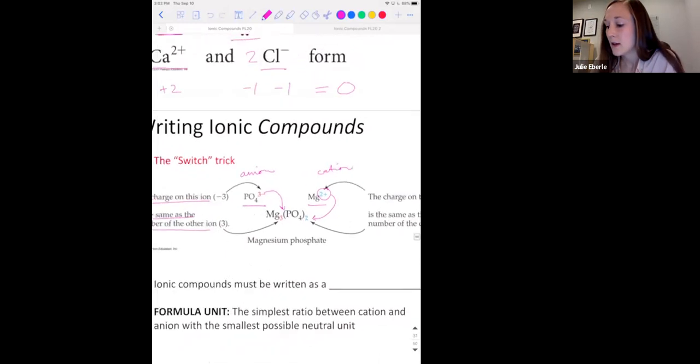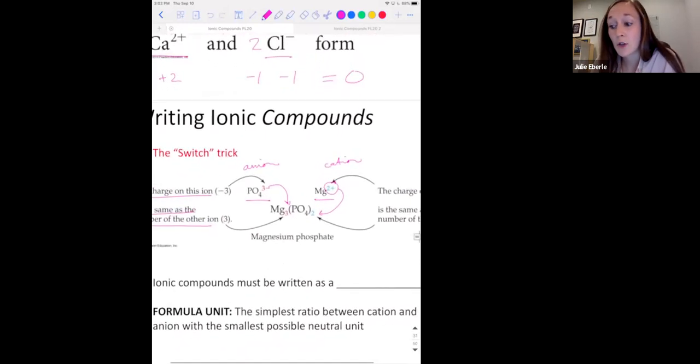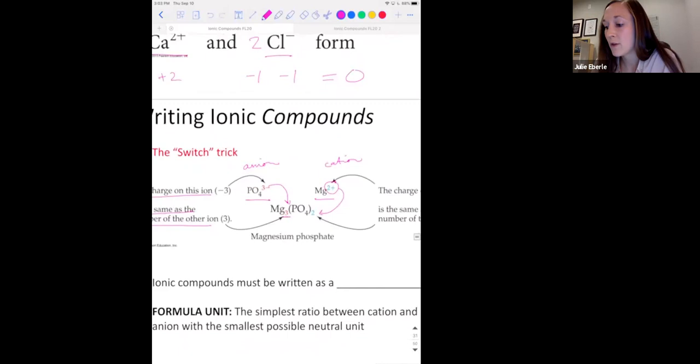Okay. So let's double check. Is this charge neutral? How do we know? Well, if we have 3 magnesiums, that's like saying we have this: Mg2+, Mg2+, Mg2+. How much positive charge is that total? Plus 6, right? Okay, phosphate, we have 2 of those.